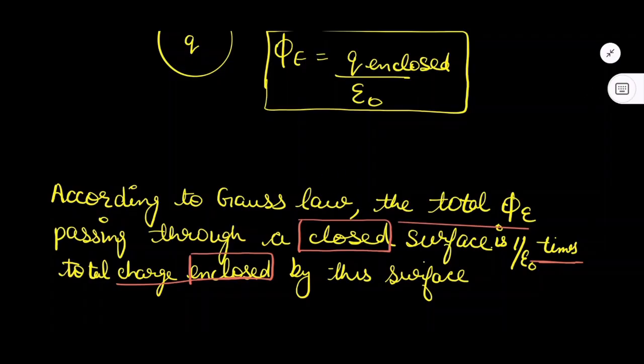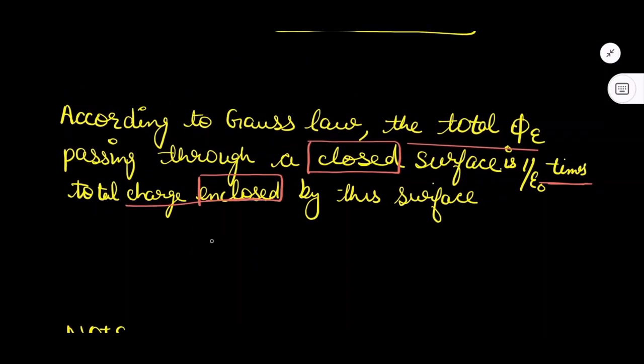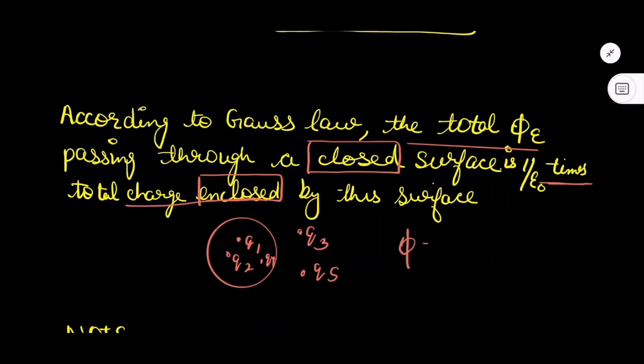Now suppose I have some closed surface and I have charges q1, q2, q3 over here, q4 over here, and q5 over here. So I am saying that flux will be by the charge enclosed. The charge enclosed will be q1 plus q2 plus q4, divided by epsilon naught. So there will be no contribution of charges q3 and q5 in flux.